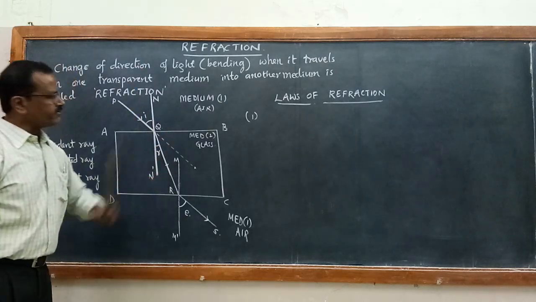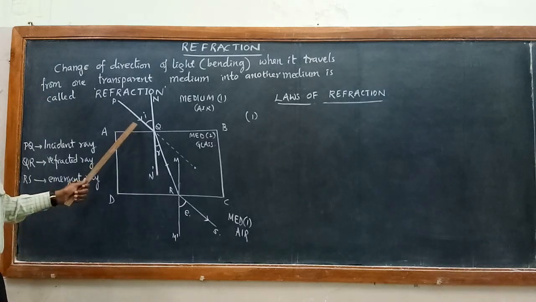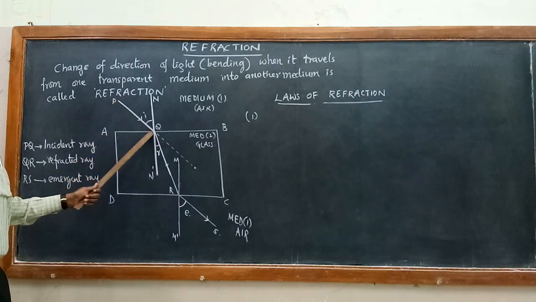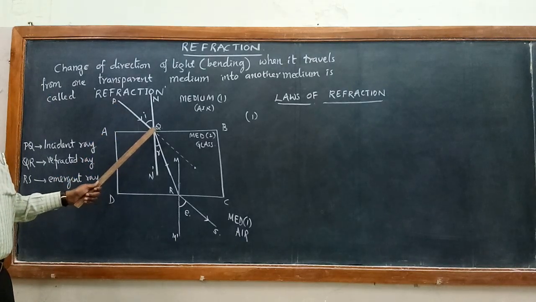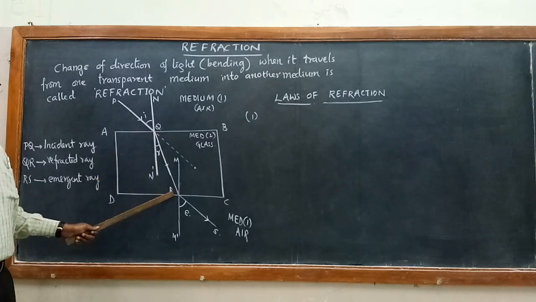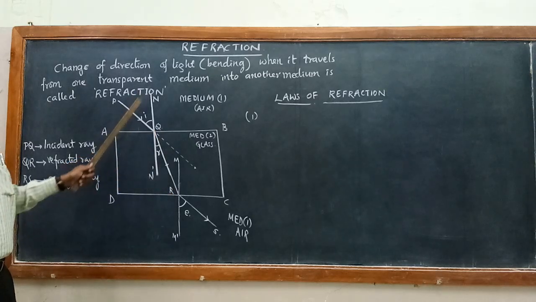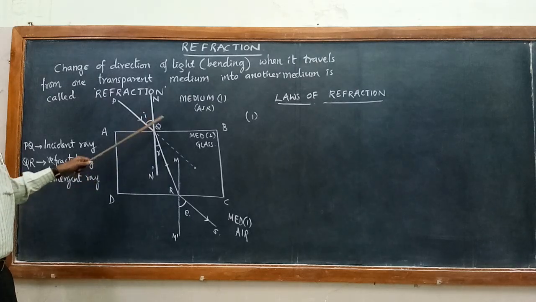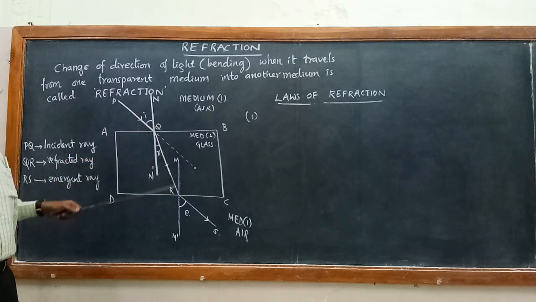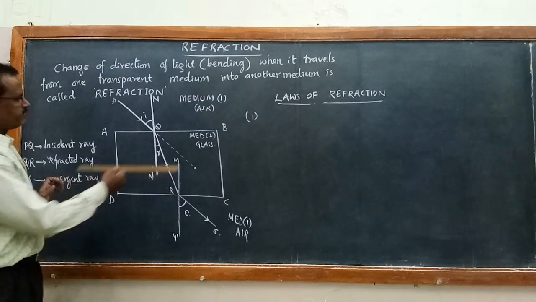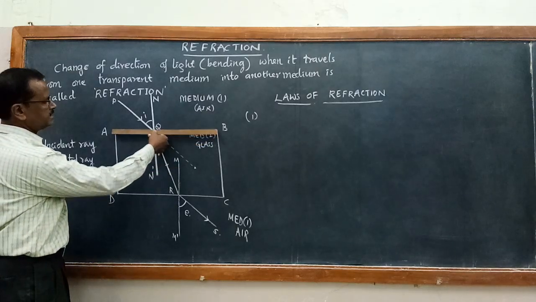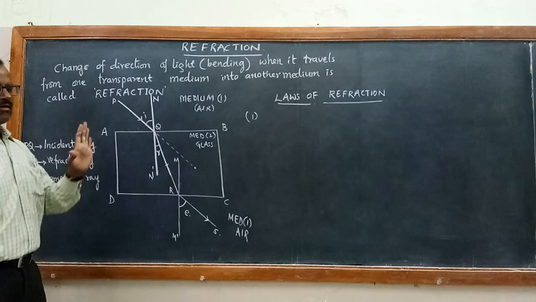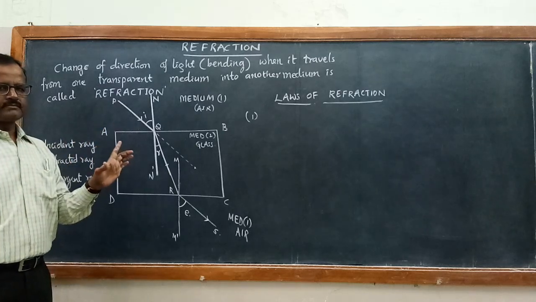Okay. When the refraction takes place, look at this. The incident ray PQ, the refracted ray QR, and the normal drawn at the point of incidence at the interface separating the two media all lie on a single plane.